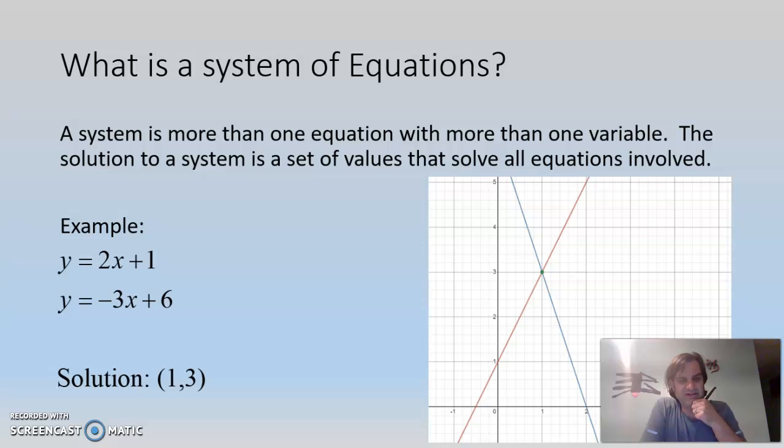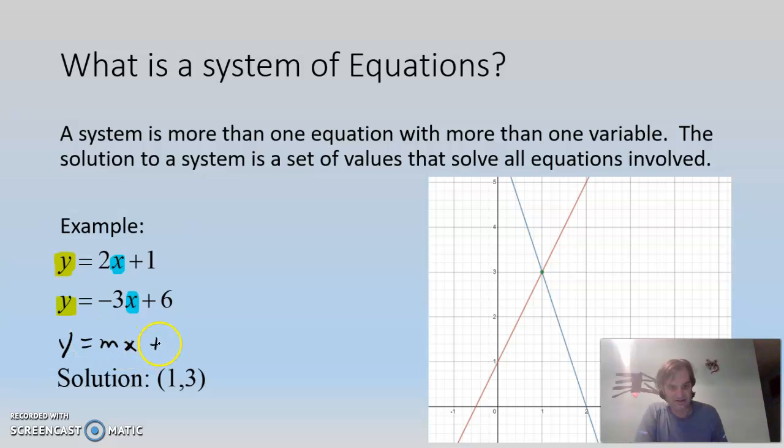So, what is a system of equations? Well, a system is more than one equation with more than one variable. What I have down here is two equations: y equals 2x plus 1, and y equals negative 3x plus 6. From my previous lectures, these are two lines because they're both in y equals mx plus b form.